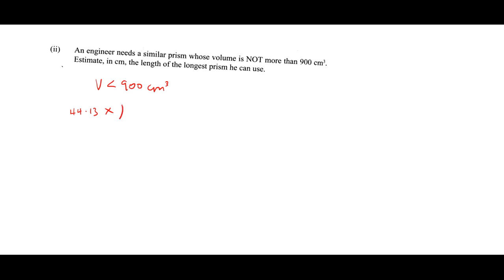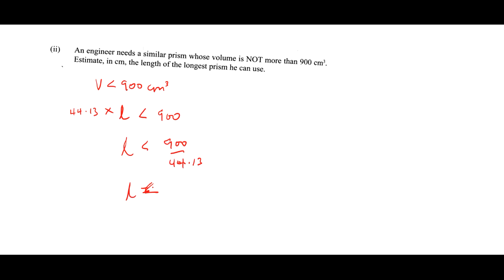So let's call that L. 44.13 L is less than 900. Therefore L has to be less than 900 over 44.13.